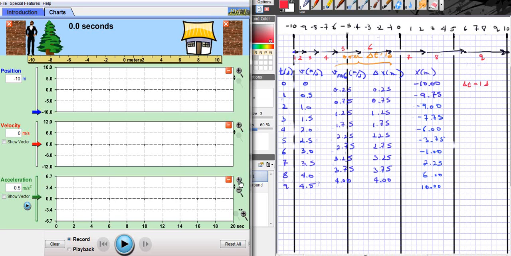Yeah, so you'll be able to see a little bit better what's going on here. Okay, so let's go with that.